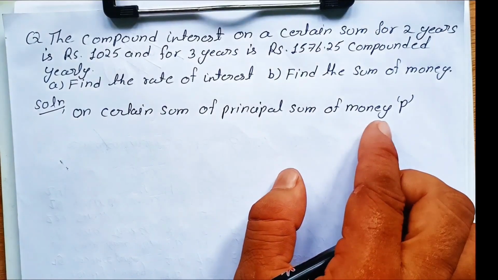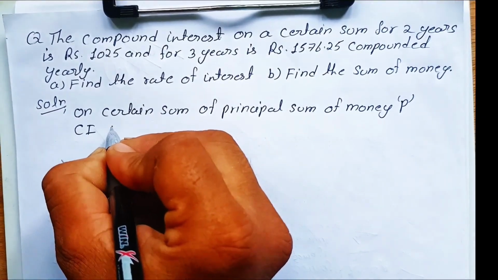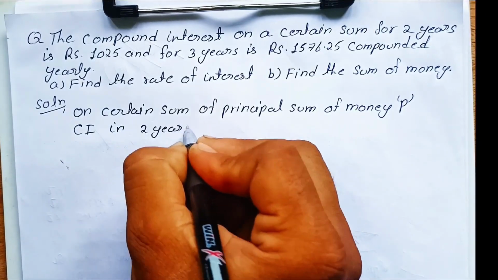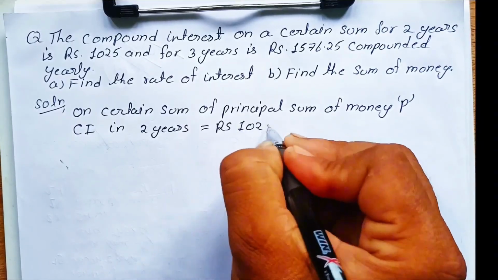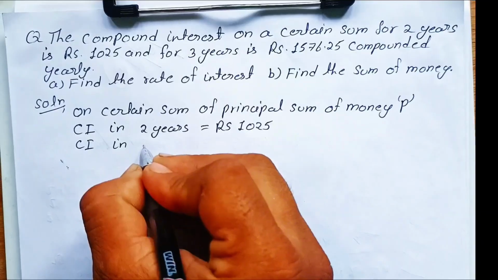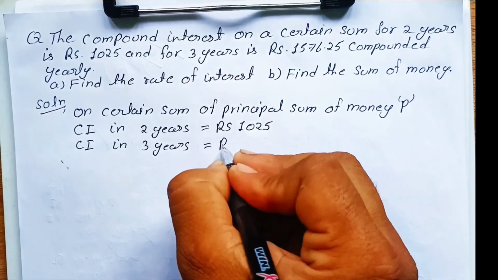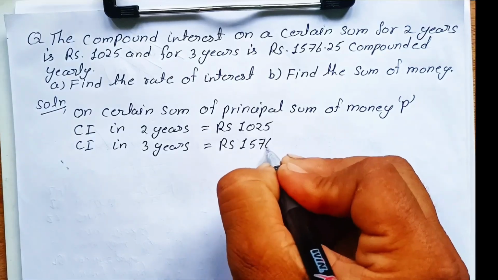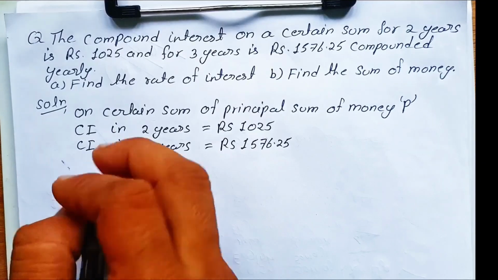Let a certain principal sum of money be P. CI in 2 years is equal to Rs 1025 and CI in 3 years is equal to Rs 1576.25.